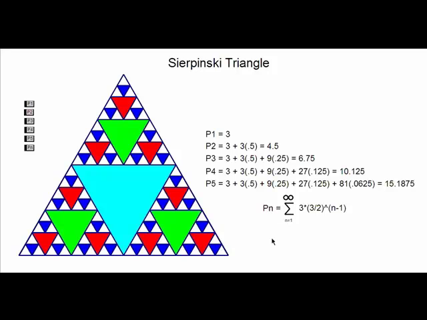And if we go one step further, piece 2 where n equals 2, 2 minus 1 ends up being 1, so 3 over 2 to the 1 power is 3 over 2. 3 divided by 2 times 3 is evidently 4.5. And as we keep getting larger and larger numbers of n, we end up getting larger and larger perimeters.